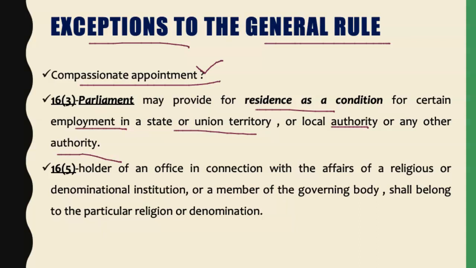Now we'll understand clause 5 first and then we'll move on to clause 4, because clause 4 is an elaborate provision and we need to understand all the components and some of the key case laws in that.